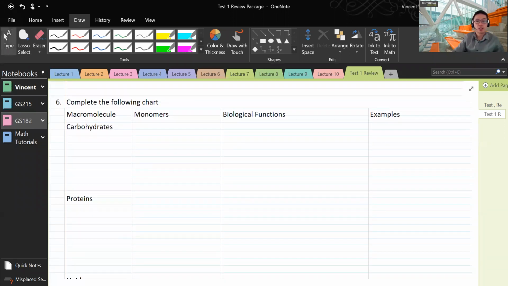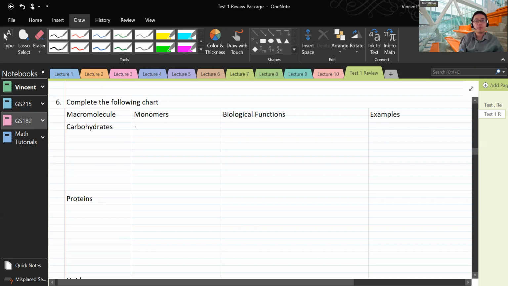Complete the following chart. So what are the monomers of carbohydrates? This is definitely a chart that you want to do on your own and write down as much detail as you possibly could. It will definitely help you. So monosaccharide is correct.